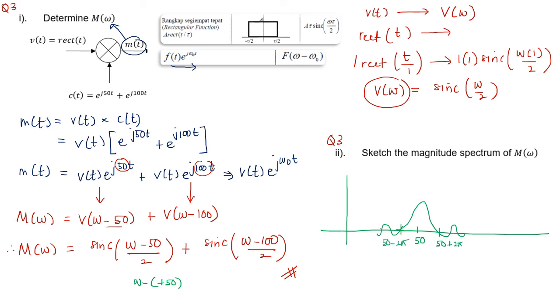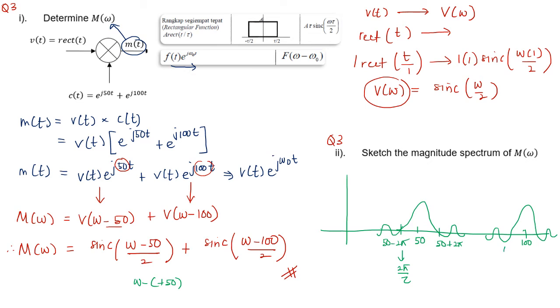Why 2 pi? If you remember how to plot the sinc function, it is basically 2 pi over your tau. In this case, our tau is 1. And the second signal, we have another sinc function, but centered at 100.